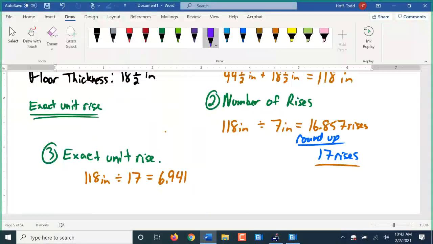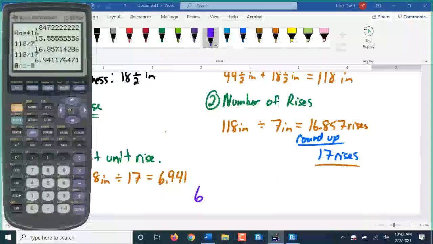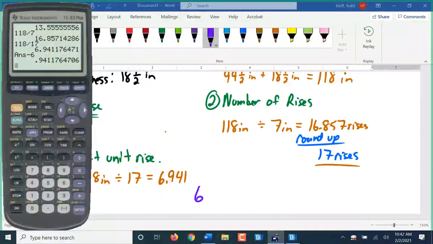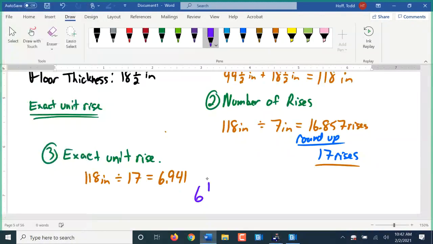Now again, I'm going to keep this as exact as possible, so I'm going to keep the 6. On my calculator, I'm just going to subtract off the 6 so that the decimal is still there, and turn that into 16ths. We're going to do times 16 is 15.05. So that's 15 sixteenths.